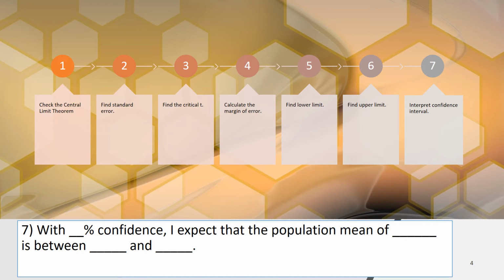But what's going to happen is that your confidence interval is going to be a little wider, because when you use a t, the t value for the same confidence level is going to be higher than the z value for the same confidence level, and that's because we're going to have fatter tails for the t distribution over the z distribution.